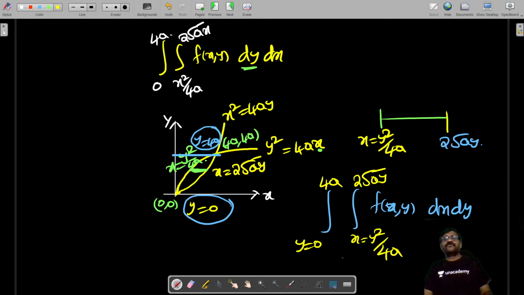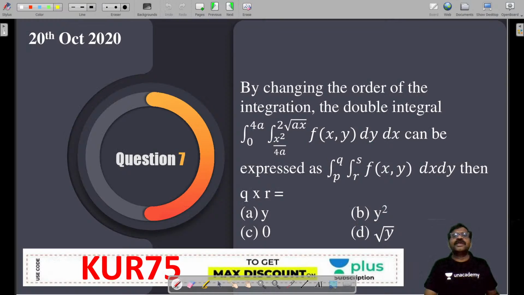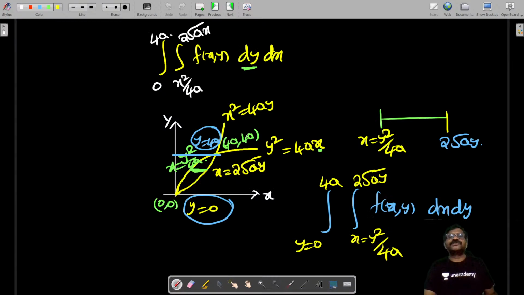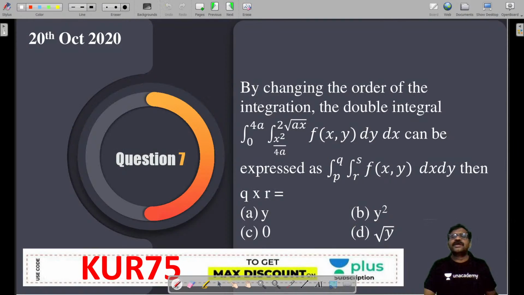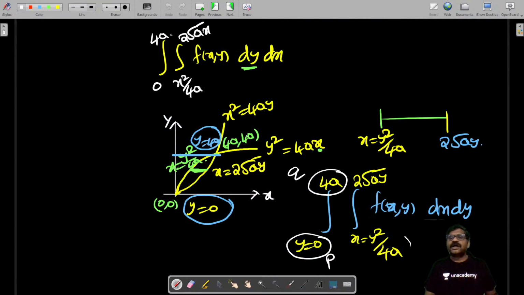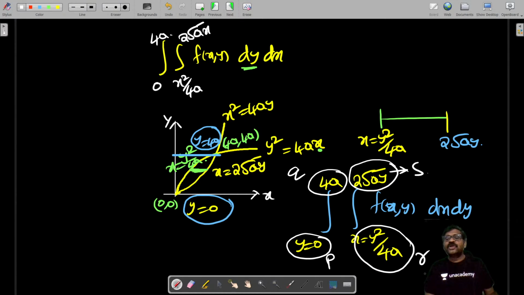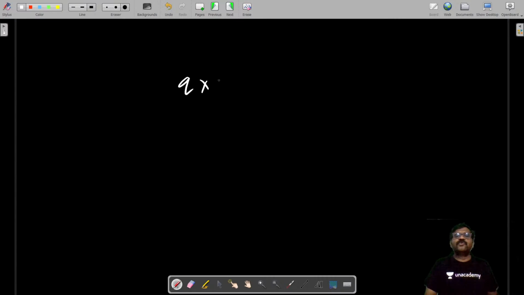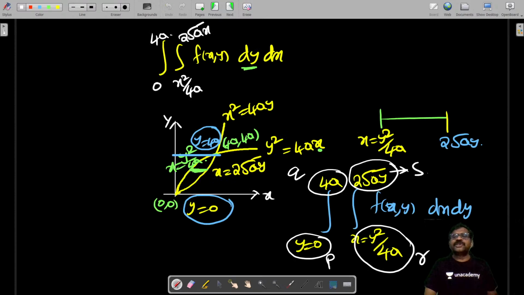Now, if you compare with PQRS, this is P, this is Q, this is R, this is S. We have to find out Q multiplied with R. Now, what is Q? 4a.